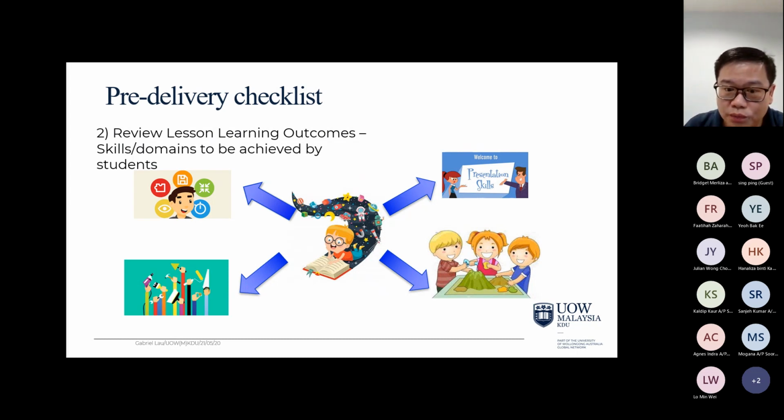For example, if you are in the hospitality school and the skill domain is practical skill, how? It is online and it is practical skill. So you need to structure your online lesson in a way that will allow you to observe students' activity.